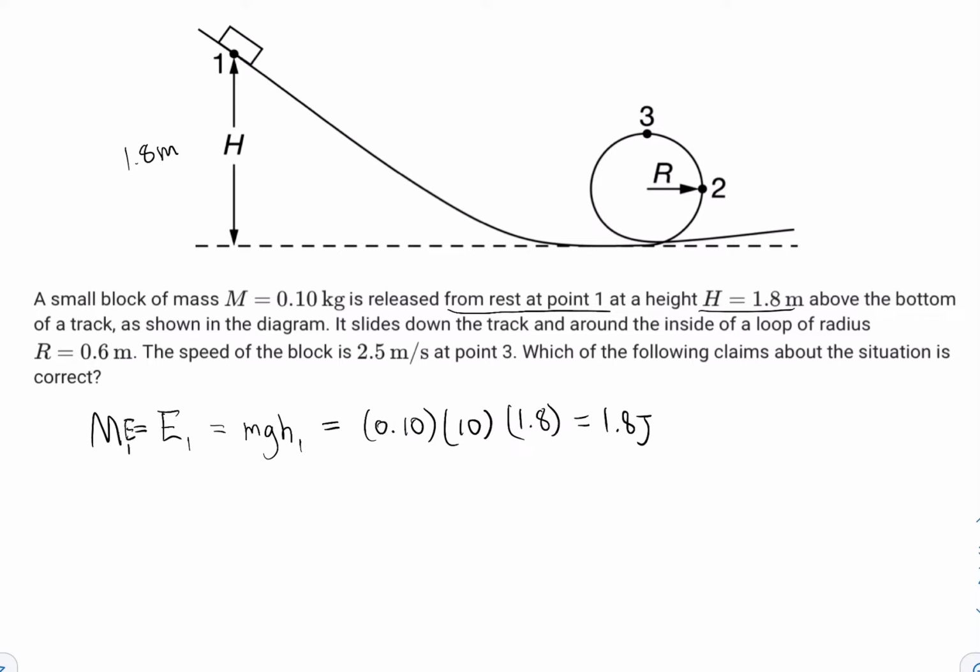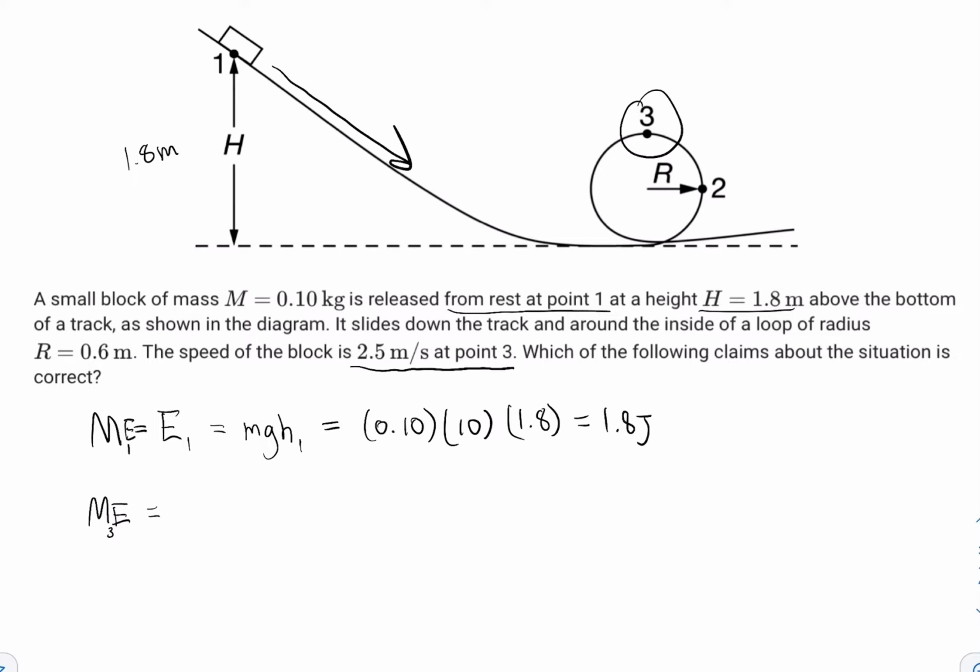Now let's look at point 3, since we are given that it's 2.5 meters per second at point 3. So at point 3, the total mechanical energy, we'll say, is equal to, now at point 3, it's above the ground, so there has to be gravitational potential energy, but the block also has kinetic energy sliding down this hill.